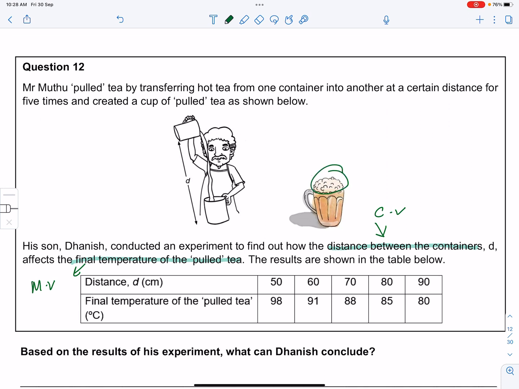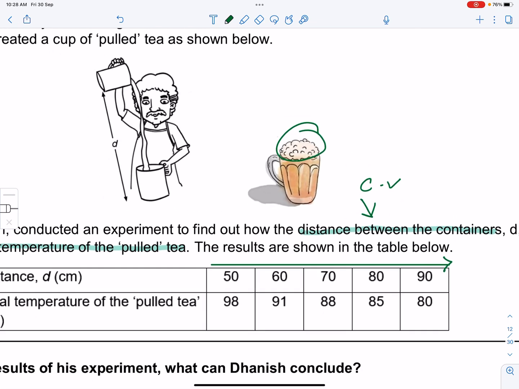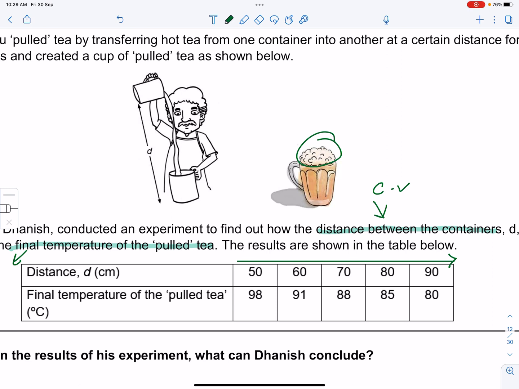Okay, so if you were to look at it, once again, draw your arrows. Okay, I'm very adamant about this because I want you to do it. So this is distance increasing. And as my distance increases, I realize that the final temperature will actually decrease.